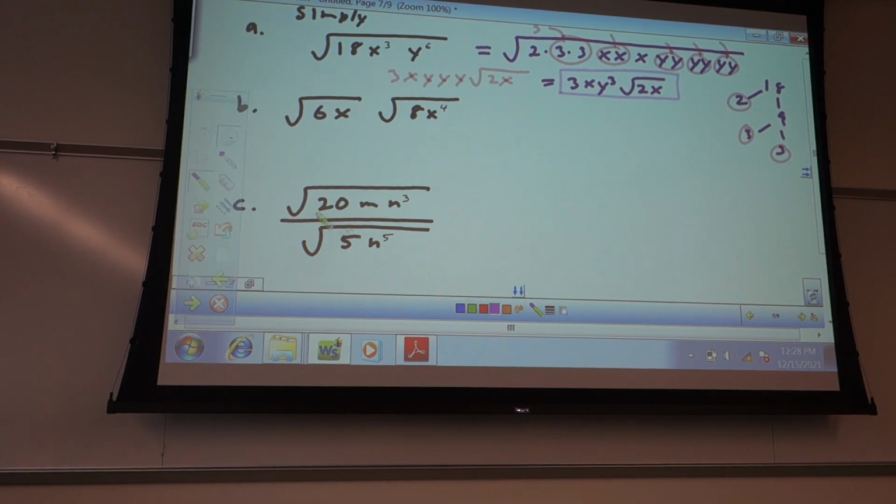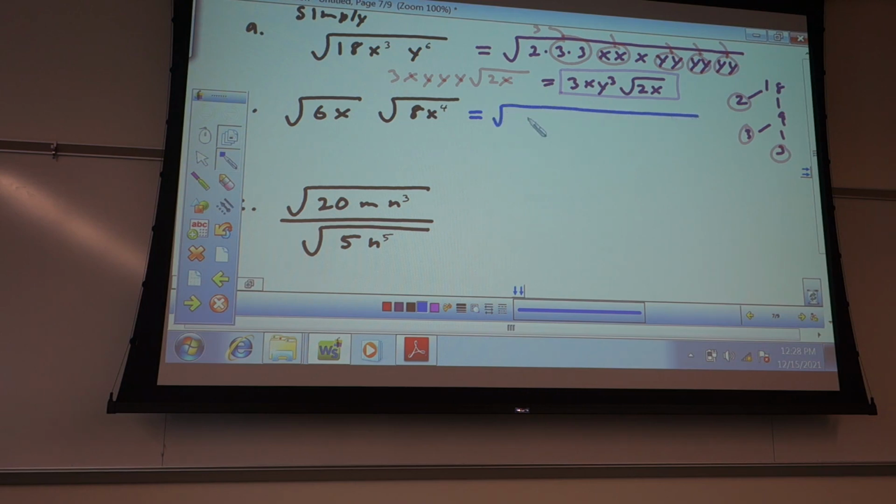Okay, so then the next one, we'll take a look at this one. Here, if they're the same type of jail, I can make them into one big jail. So I've got 6 is 2 times 3, and then x. And then 8 is 2 times 2 times 2, and I have 4 more x's. And these ones are also a 2-type jail, so they come out in groups of 2.